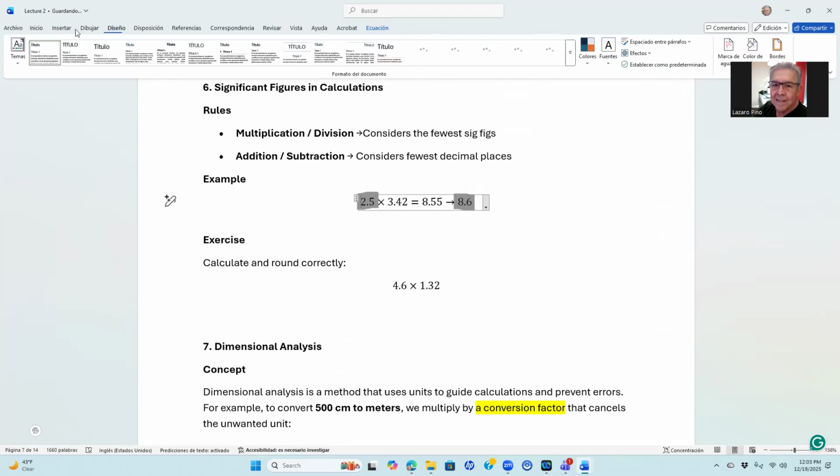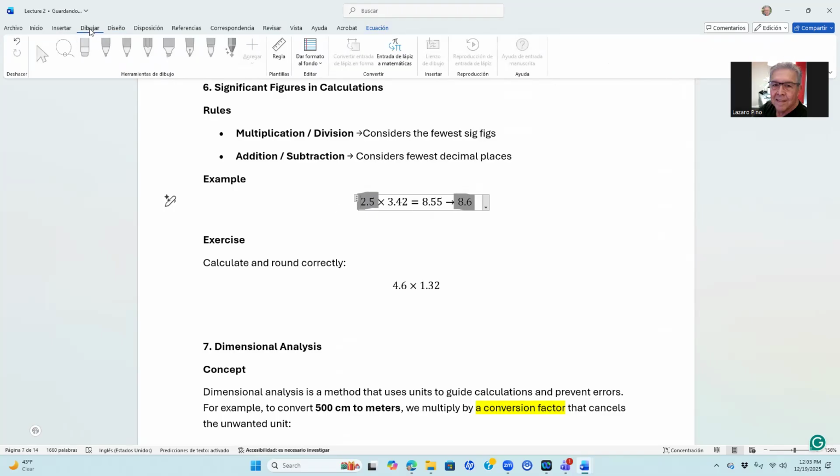What's the problem here? As you are multiplying, you take into account the number with least significant figures. In this case, this number has 2 significant figures, while this has 3.